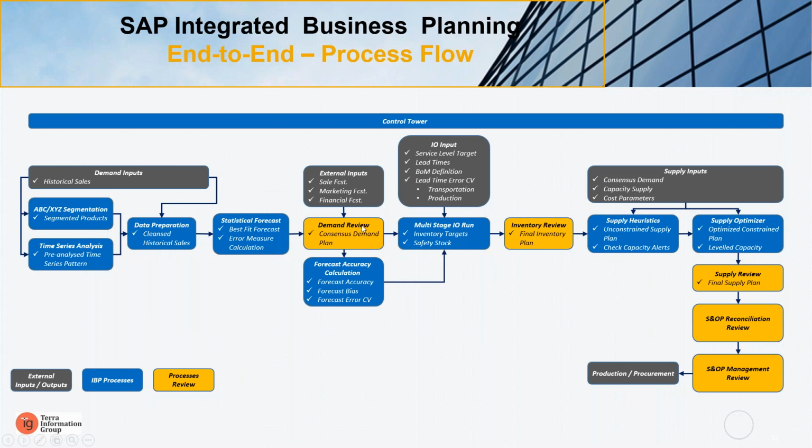Once that is done, a consensus demand plan can be generated based on the input from multiple stakeholders, not only from demand but also from inventory, suppliers, production, and all the stakeholders within your supply chain.